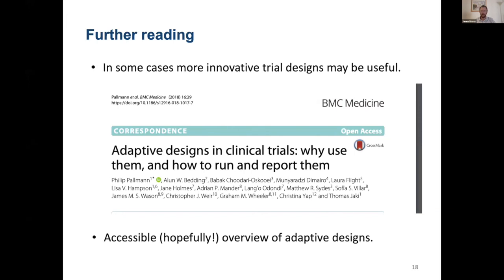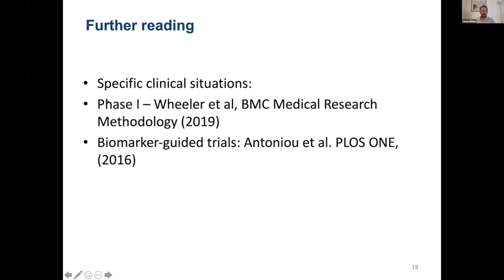So if this is of interest, please let us know. If you're interested more in phase 1, then there's a paper by Wheeler et al. in BMC Medical Research Methodology. And I didn't talk much about biomarker guided trials, but this is an emerging area of trial design that's also of interest to our group. And there's a paper in PLOS One that might be of interest there.